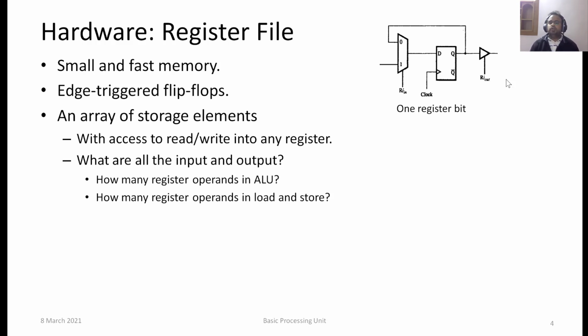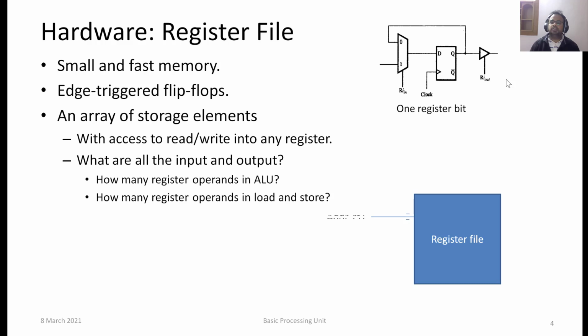So as a whole, 2 output ports and 1 input port would be sufficient. If we imagine the register file to be a black box, let's say it has an input address RS1, and address RS2, the second source register. When these addresses are given, the register file would give us the data stored in RS1 and RS2, right?